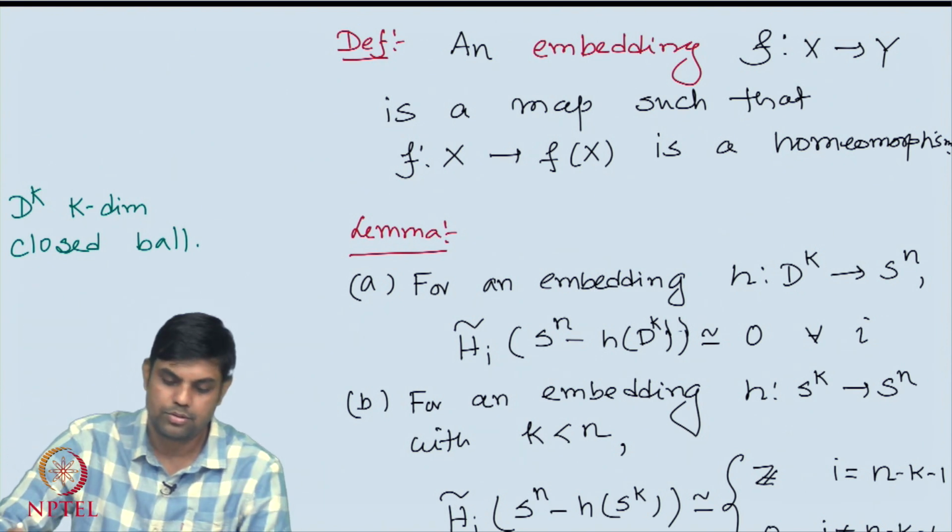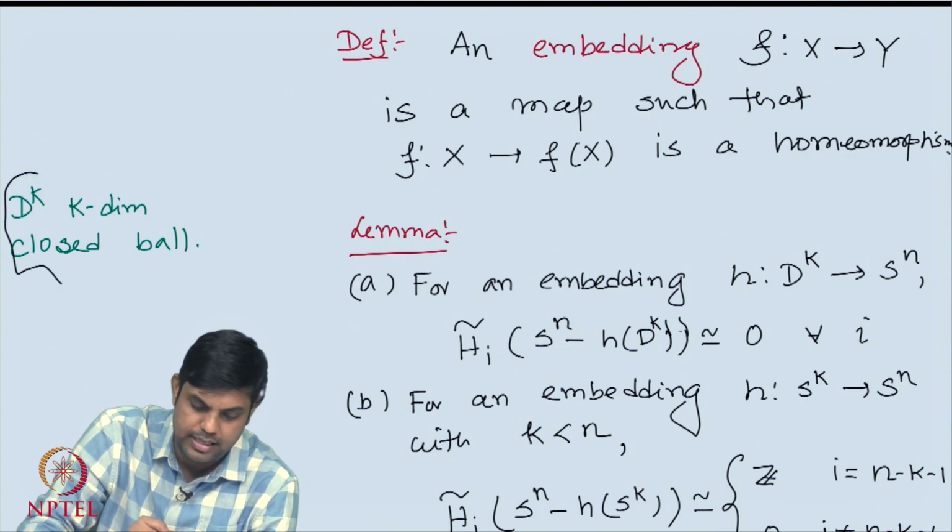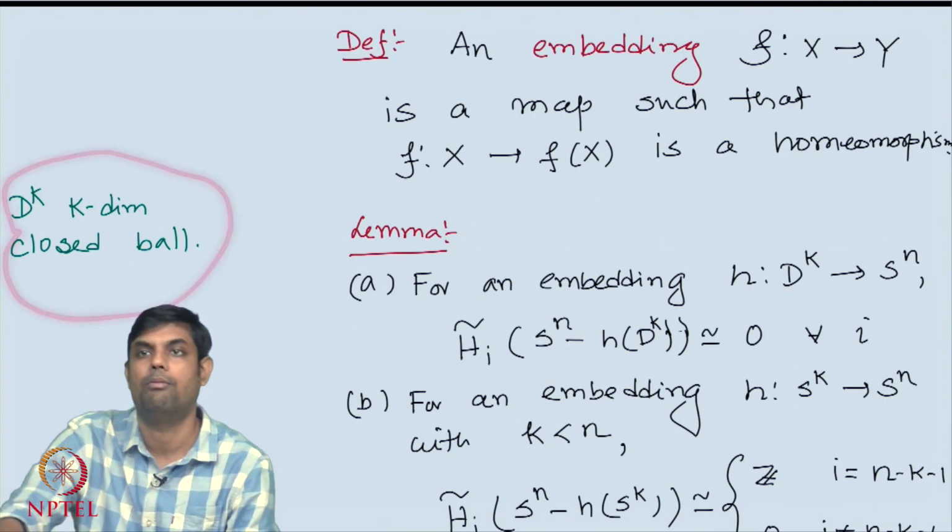Remember one notation: by D^k we mean the k-dimensional closed ball, the closed unit ball if you like.